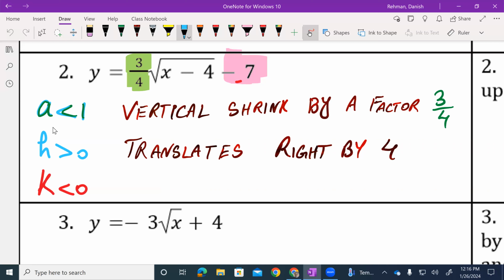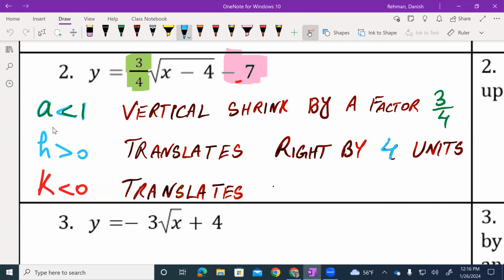By 4 units. Why? Because the h here is 4 units, right? So we just picked the number, stated the translation or the transformation, and then we are done. For h, for the k, it translates. So h and k will both simply translate the curve left or right, up or down.